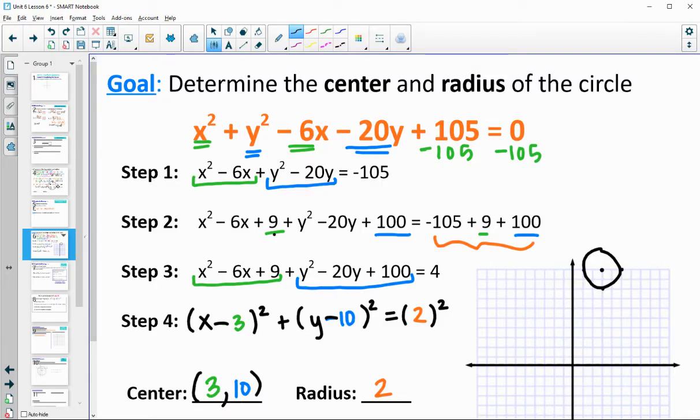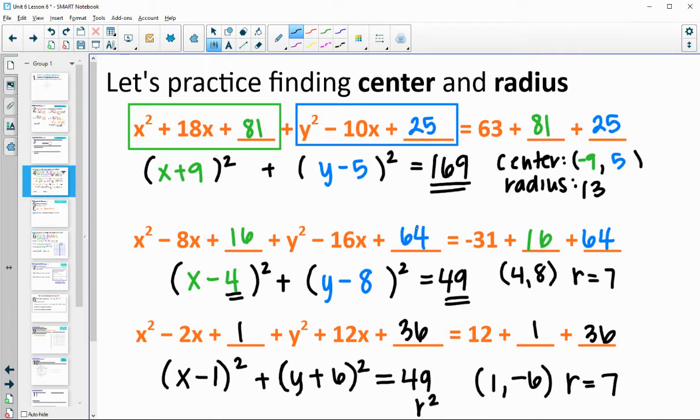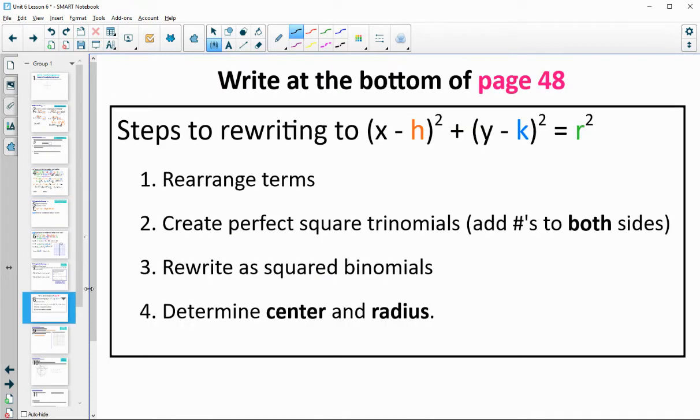So whatever number you put in, you had to add to both sides. Then you rewrote those perfect square trinomials as the binomials. Okay, so as this. And then that allowed you to determine the center and the radius.